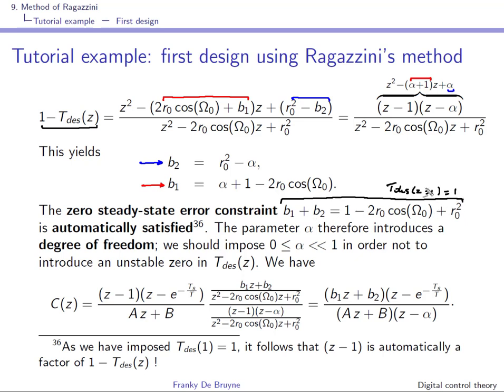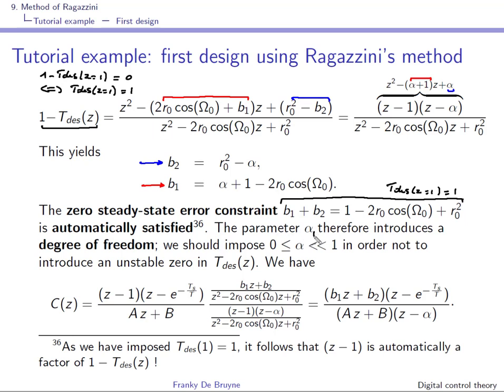This is kind of obvious: imposing that z minus 1 is a 0 of 1 minus T desired is really saying that 1 minus T desired evaluated in z equal to 1 is equal to 0. So this is equivalent to imposing T desired in 1 is equal to 1.